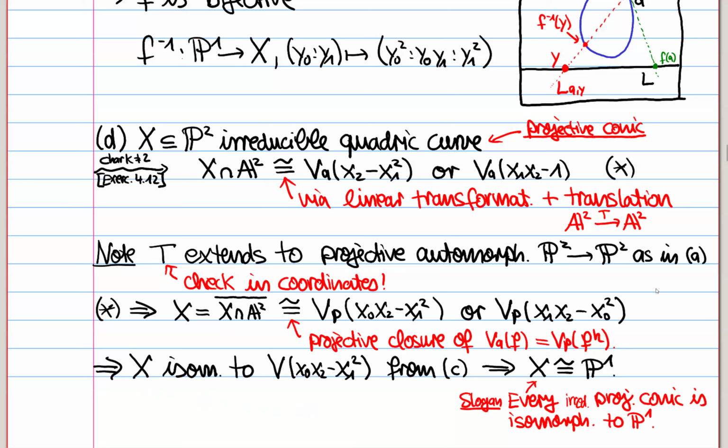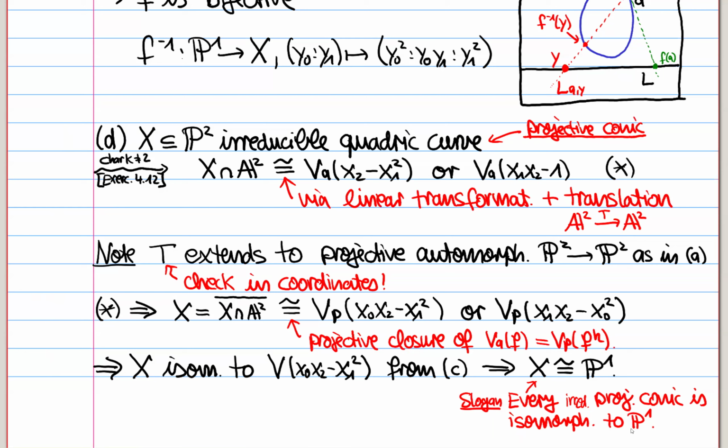And so in both cases, up to changing the coordinates, X is isomorphic to this vanishing locus from part C, and there we had seen X was isomorphic to P1. So what we did in this example D is show that any irreducible quadratic curve in P2 over a field of characteristic not equal to 2 is isomorphic to P1. Every irreducible projective conic is isomorphic to P1.